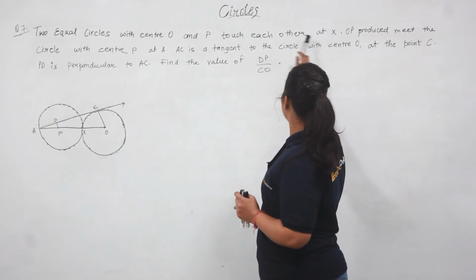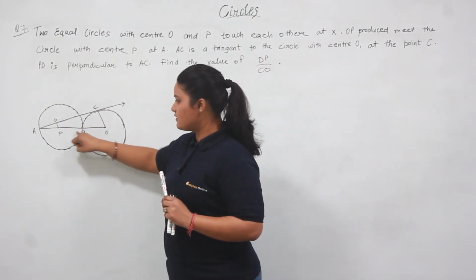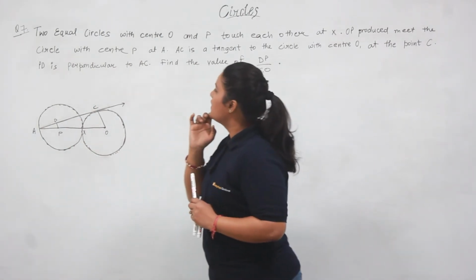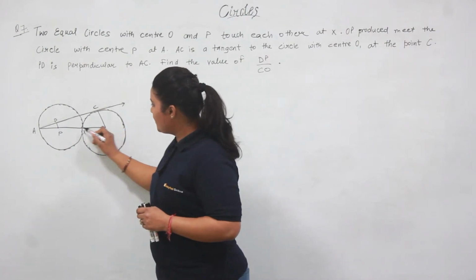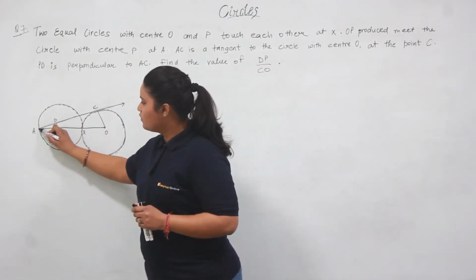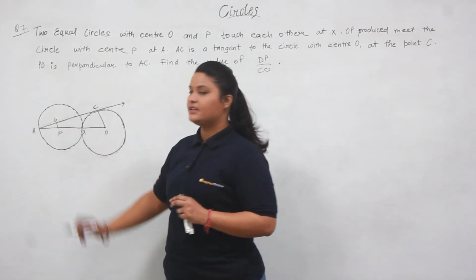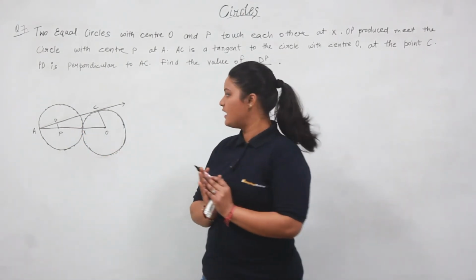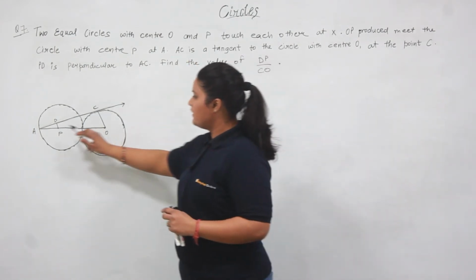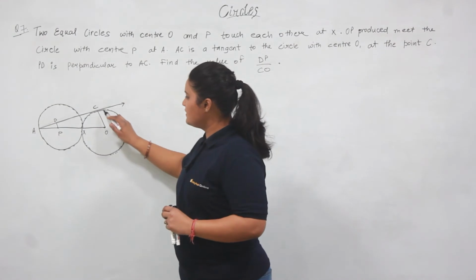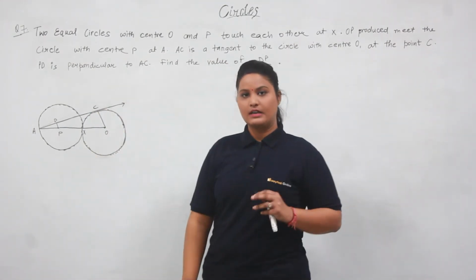They touch each other at X. This is the point where these two circles are touching each other. With center P at A, basically we are producing this line to touch the point A in the circle having center P. Right? Understand? Now, AC is a tangent to the circle. AC is drawn which is tangent to the circle having center O. Clear?